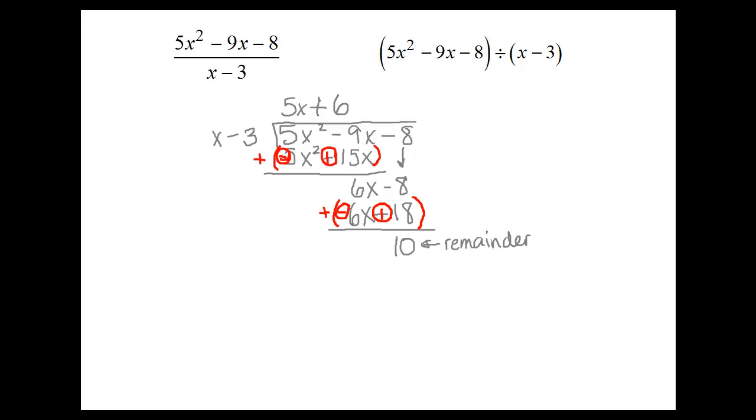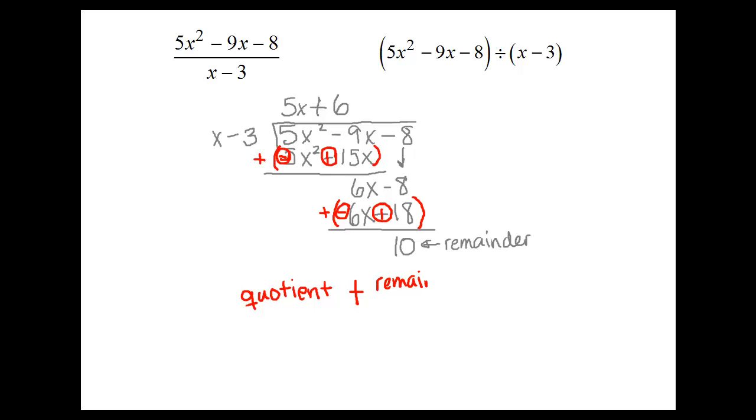So when we write our answer, we're going to write it in the form where we have our quotient, which is the answer to our division problem that sits on top of your division sign, and then plus the remainder.